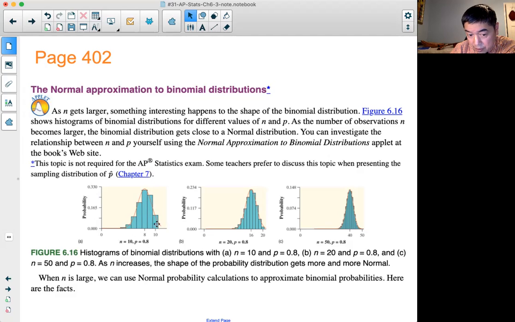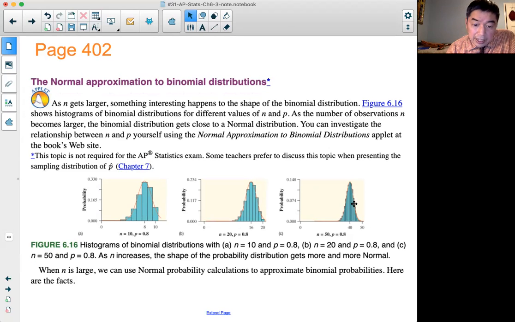Look, the histogram is kind of thick. Now with n equals 20, the bars became thinner. If n is 50, it's really steep, meaning it becomes more compact. There are no big gaps, and it becomes nearly normal, right?